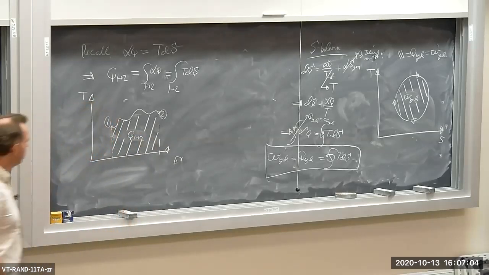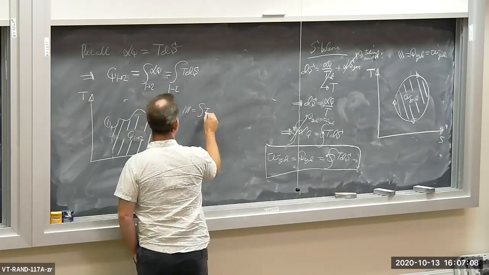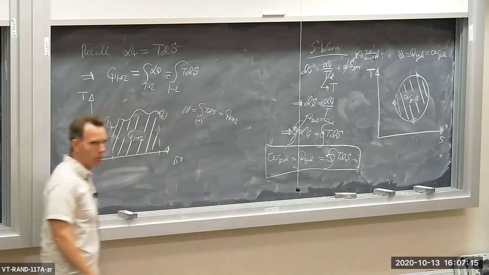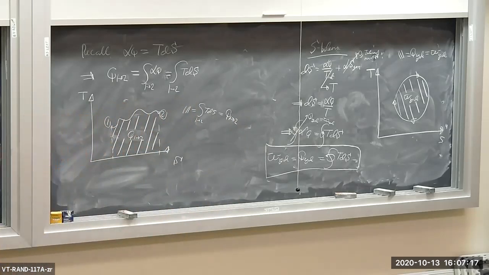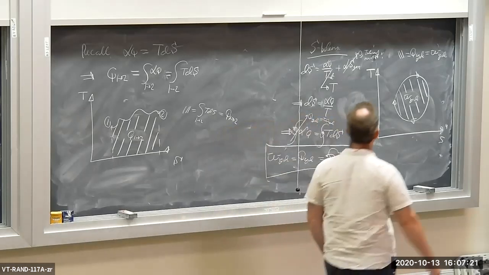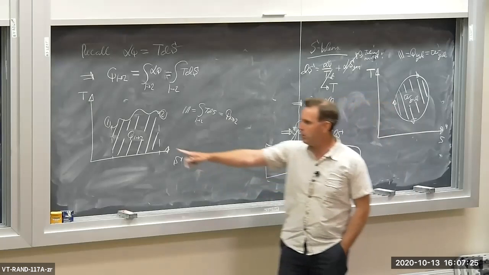Okay? This area, which is the integral of TdS, is equal to the heat transfer from 1 to 2. Okay? So the TS diagram, unlike the PV diagram, not only shows you the work, but it shows you various heat transfers.